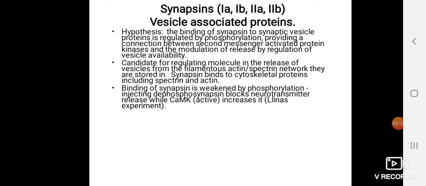It is found that they are highly regulated through the process of phosphorylation, and that provides a connection between secondary messengers like protein kinases, target activated protein kinases, and how they vary the vesicle fusion as well as availability.